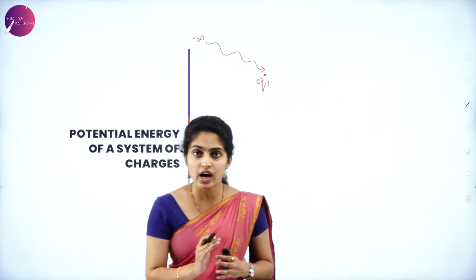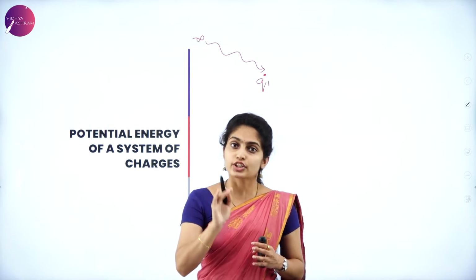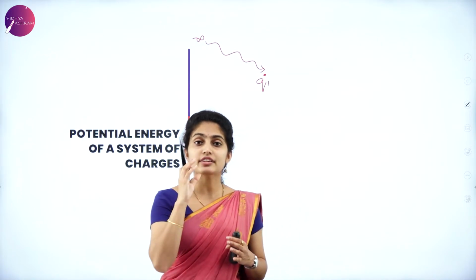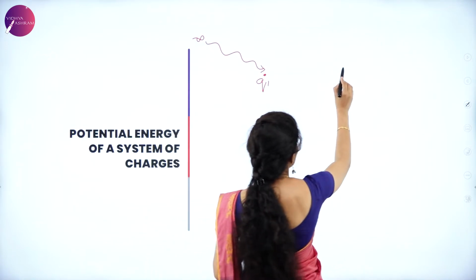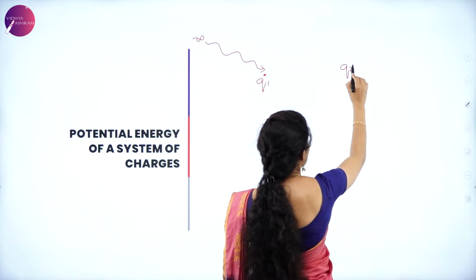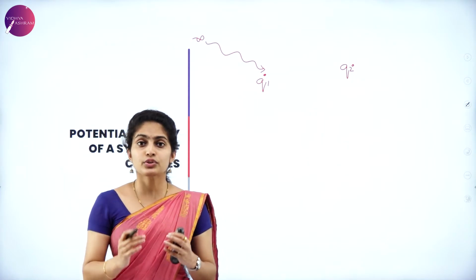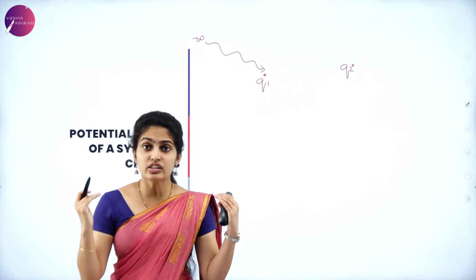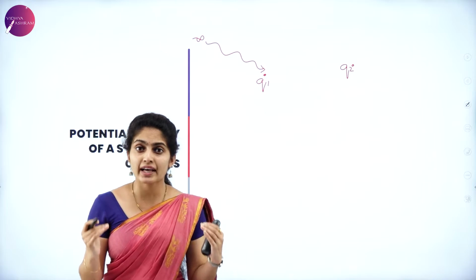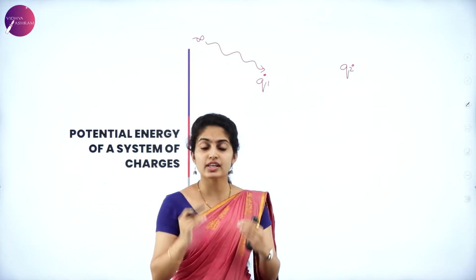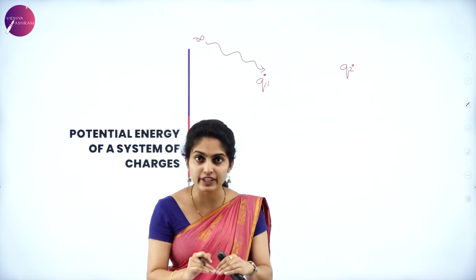Okay, so now we have got Q2 charge. Again, the Q2 charge is also brought from some infinite place to a certain point. The external field alone acts on the certain charges and not its own field.